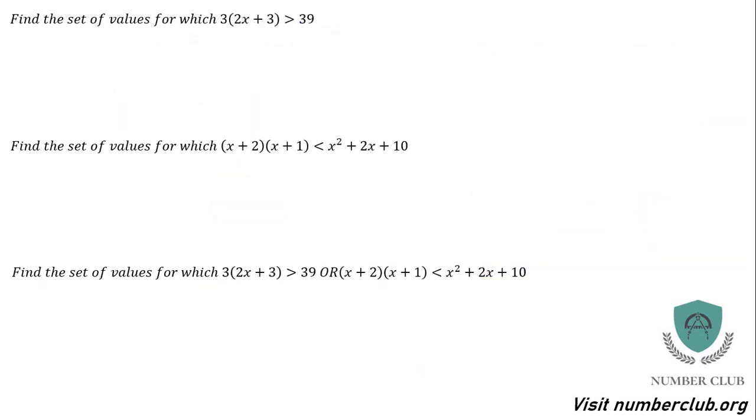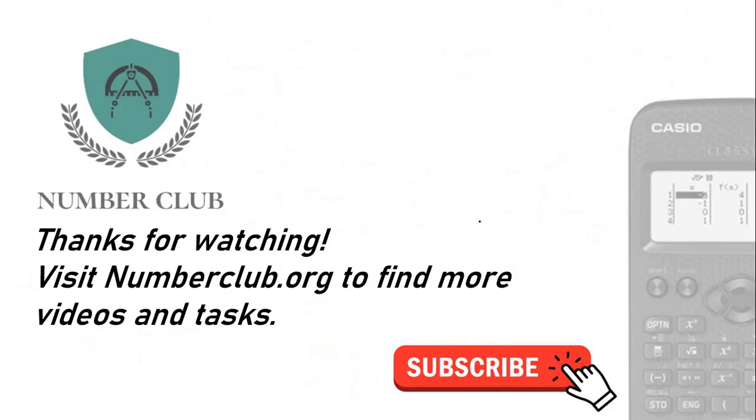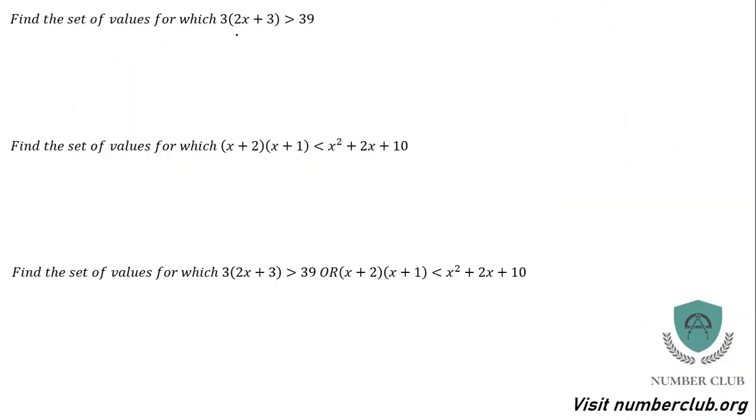All right, moving on. Find the set of values for which this stuff happens. Now, in a previous question, I think the very first one, I expanded it out. I'll show you what happens if you do a division method. So division method would be to divide by 3. 2x has got to be greater than 10, and then x has got to be greater than 5. Easy.